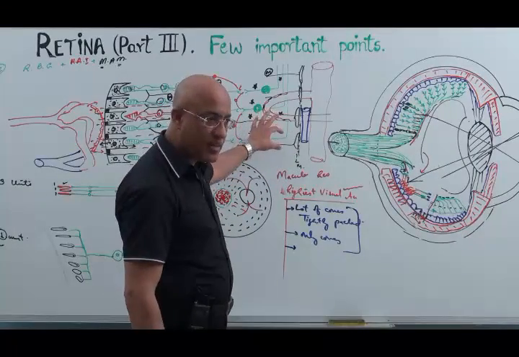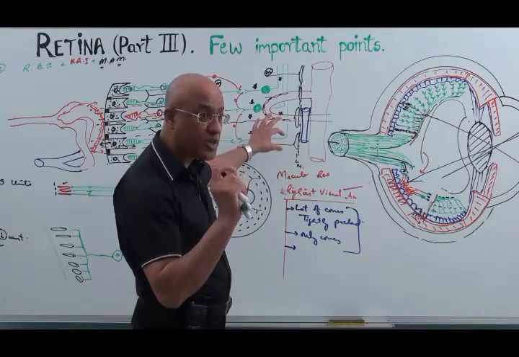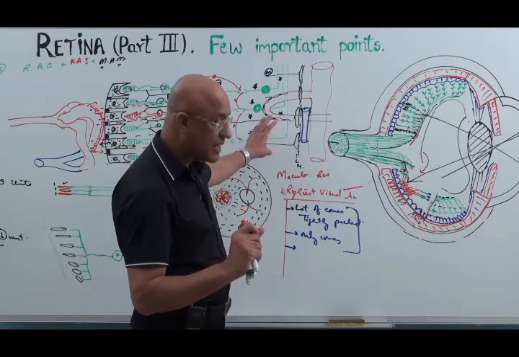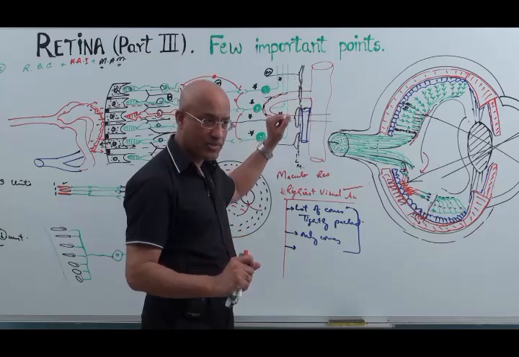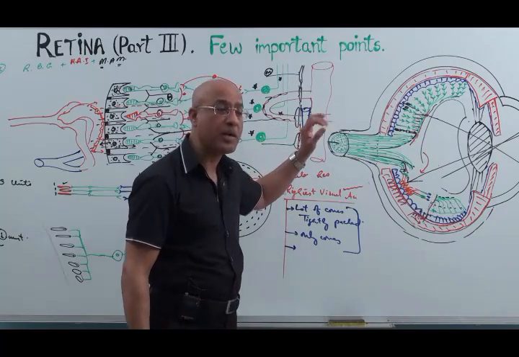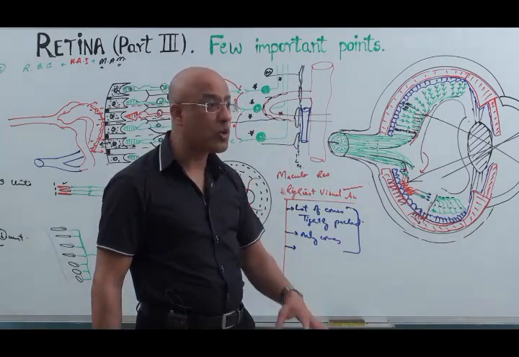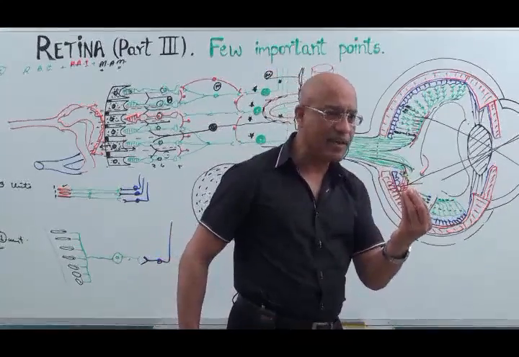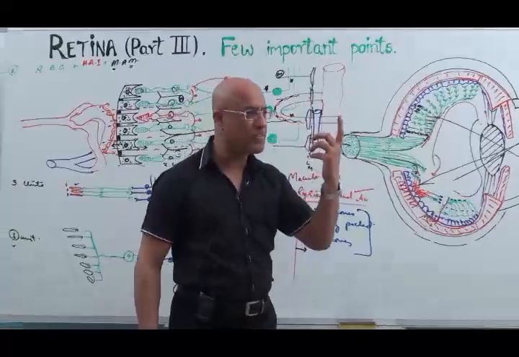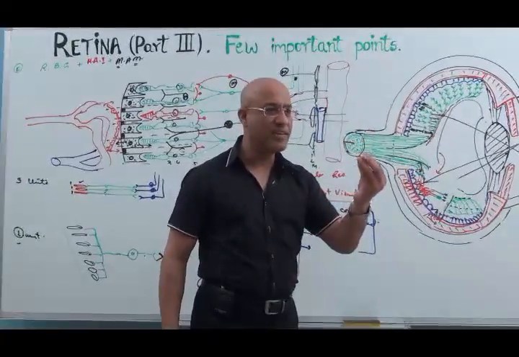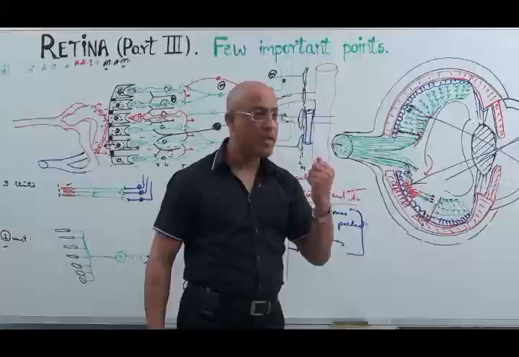Those ganglion cells which can sense the illumination of the light send the information to the hypothalamus, to the suprachiasmatic nucleus, to control the circadian rhythm, the day and night rhythm. They can inform the central nervous system about day and night.